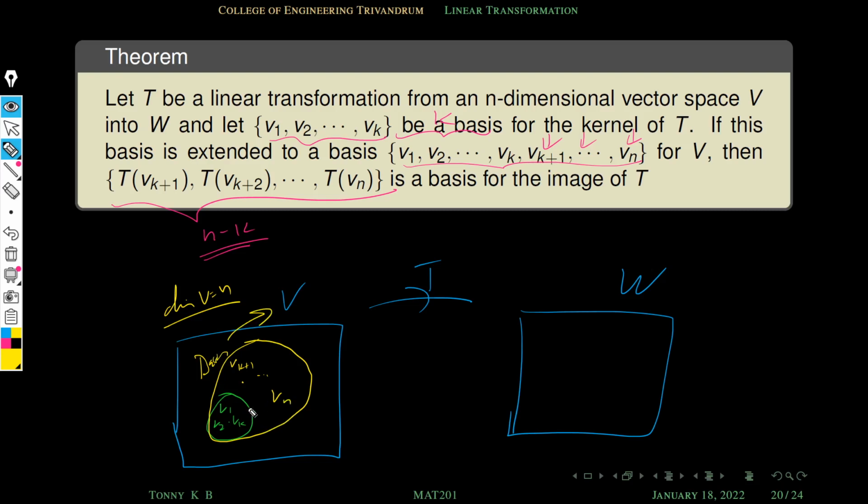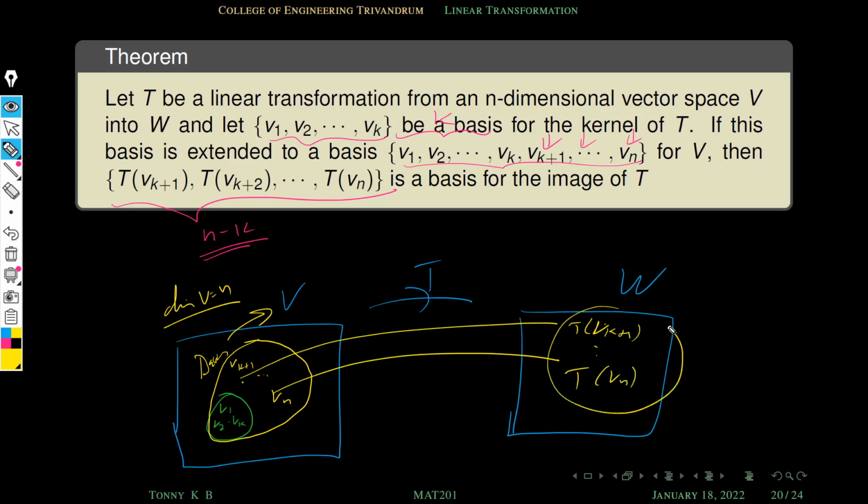Okay, so this is called the extended basis. You can extend this set in such a way that the new collection is a basis for V. Then this result says that next you consider the images of these new vectors, T(vk+1), ..., T(vn). How many?